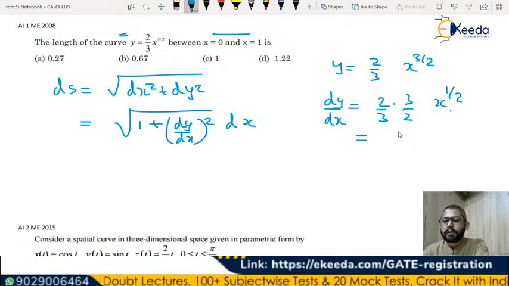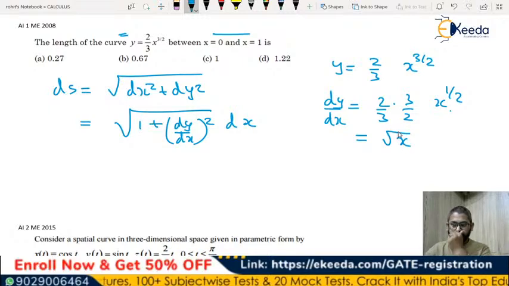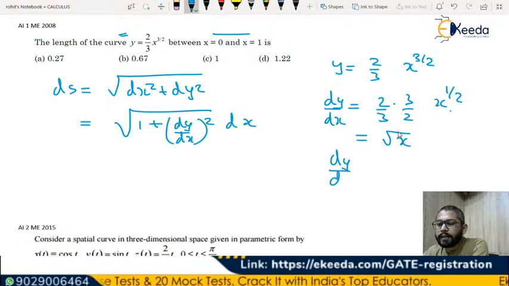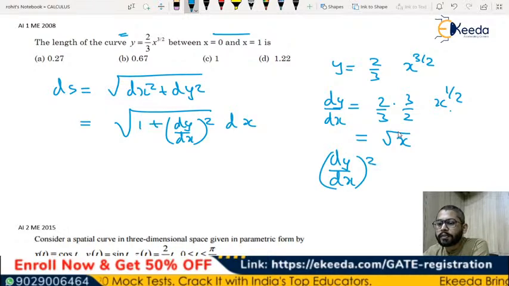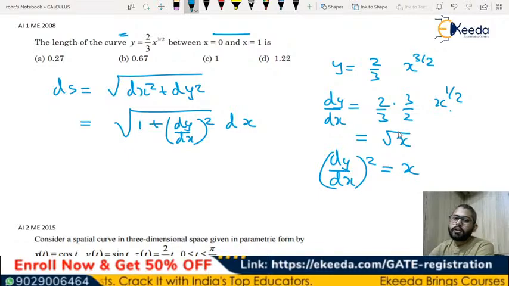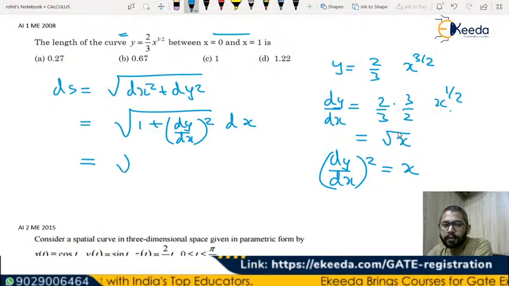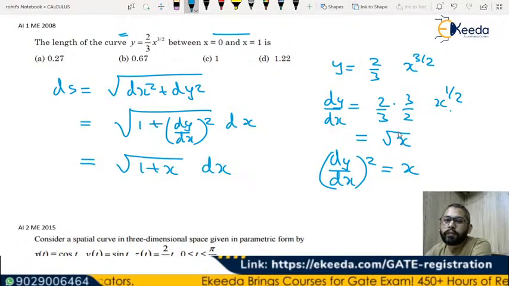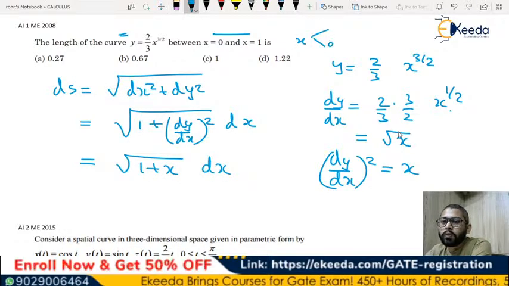So this becomes under root of x. Its square becomes x. So this is nothing but under root of 1 plus x dx, and we know the limit of x is from 0 to 1.